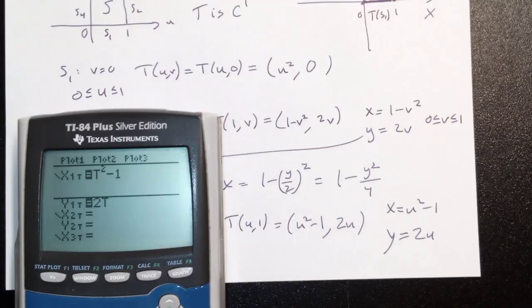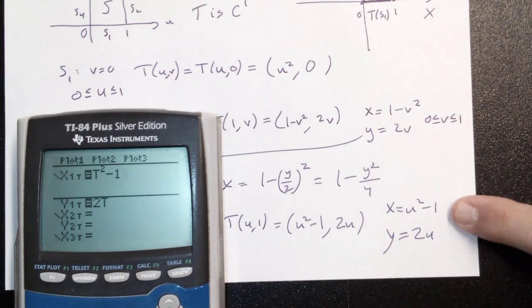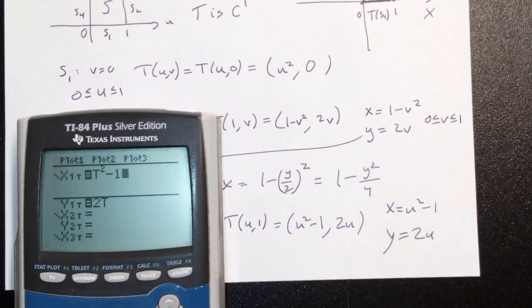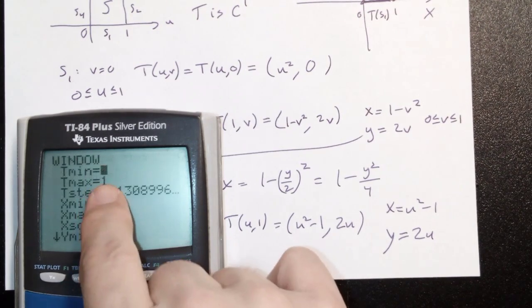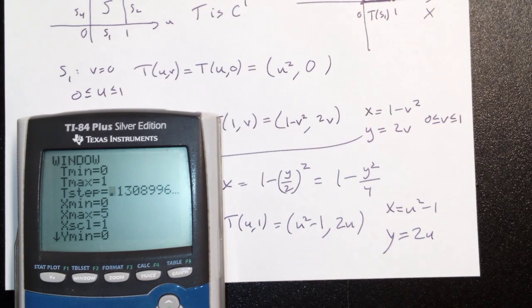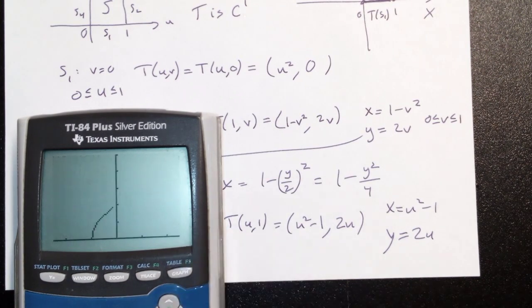What happens when you plug in 0? And my window only went from 0 to 5. I need to fix my window. I'm going to change this so that instead of going from 0 to 5, I go from negative 2.5 to 2.5. Now I've centered the y-axis. Ah, it's the mirror image, isn't it?